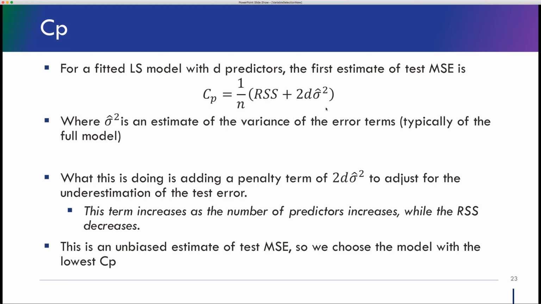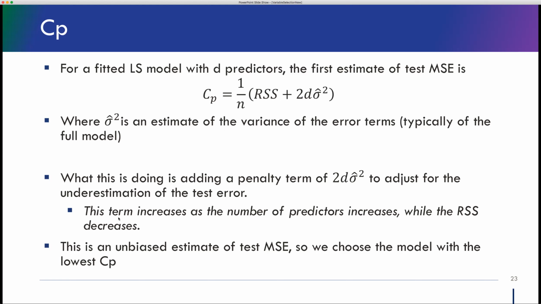Sigma hat square is the estimate of the variance of the error terms, typically from the full model. What this is doing is just adding a penalty term. I mentioned there is a price to pay when you include more variables in your model, and this penalty term adjusts for this underestimation of the test error.